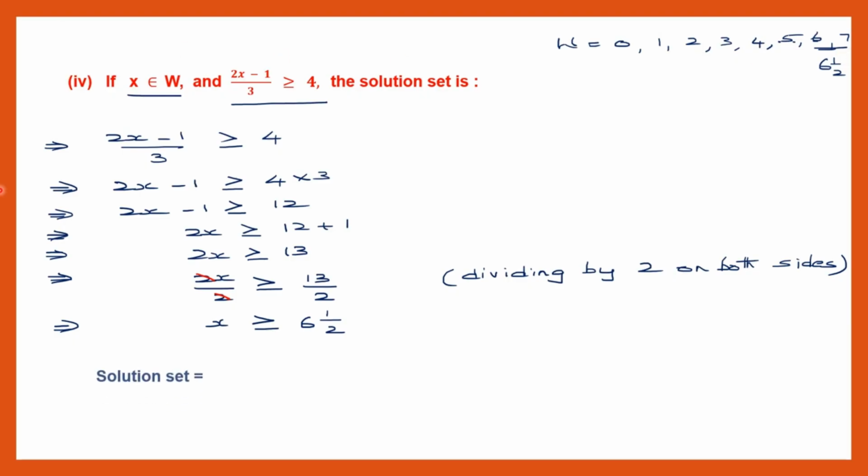So what is my solution set? My solution set will be all numbers greater than 6 1 by 2, that is 7, 8, 9, 10 and so on and so on. So this is my solution set and that is option C. So option C is our answer.